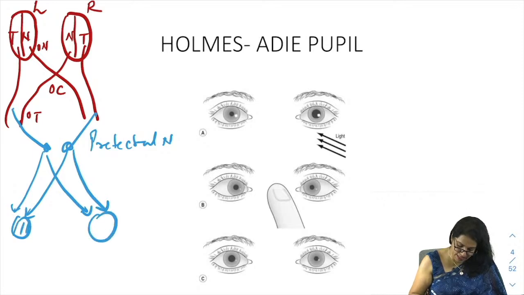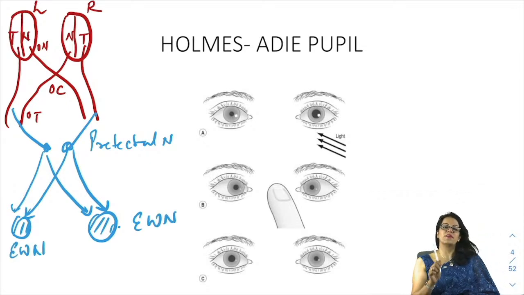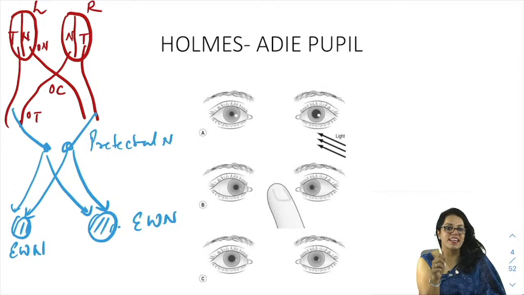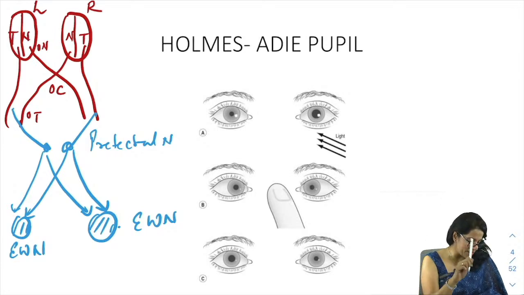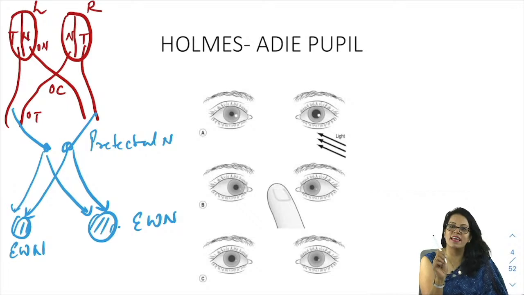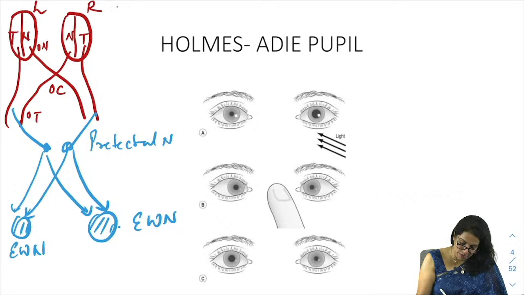Because every pretectal nucleus innervates both Edinger-Westphal nuclei, you get a consensual light reflex. Even if you are showing light in one eye, both the pupils are constricted. Understood? So this is your afferent pathway.